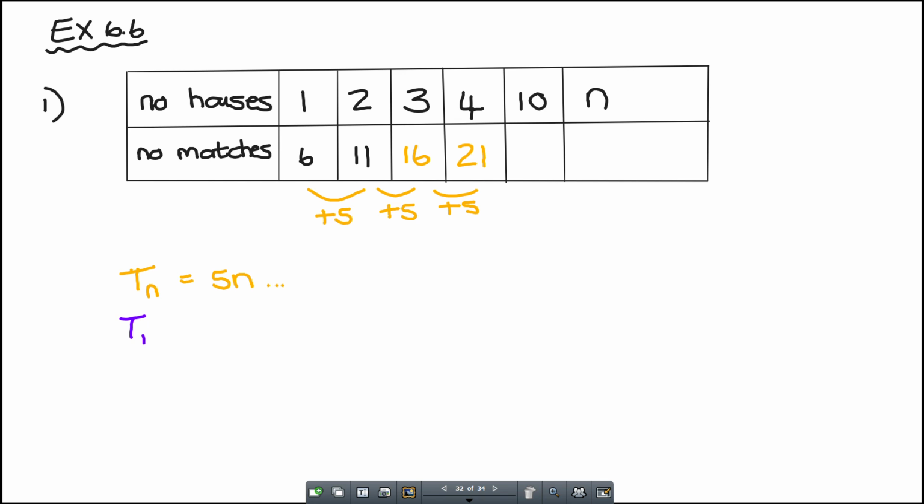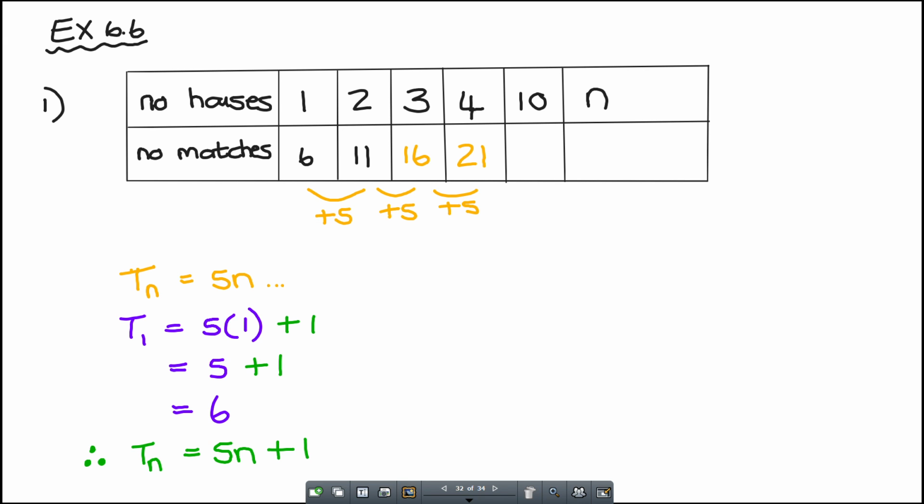If it was term 1, I would say 5 times 1. And that gave me 5. But how much should I actually have gotten? Term 1 is how much? 6. So because of that, I knew I had to plus 1 everywhere to get to that 6. Therefore, my formula is term n is equal to 5n plus 1.